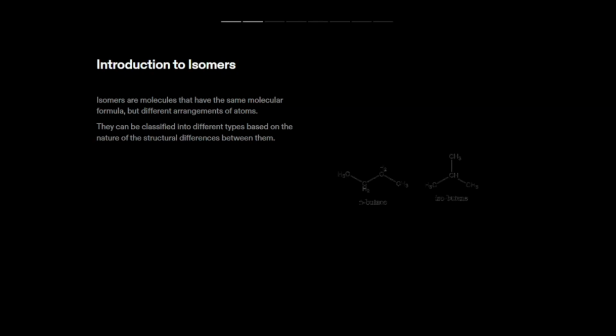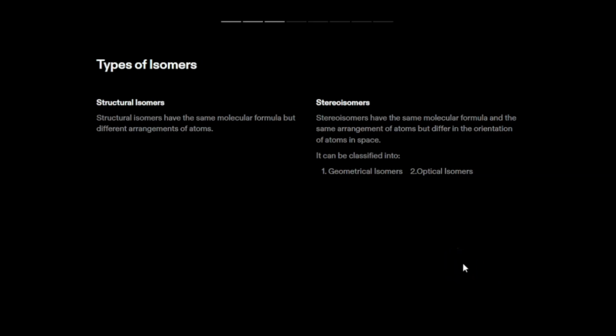The isomers can be classified into two. The next slide is about the classification of isomers. Broadly, we can classify isomers into two: structural isomers and stereoisomers. Structural isomers are molecules with the same molecular formula but different arrangements of atoms.